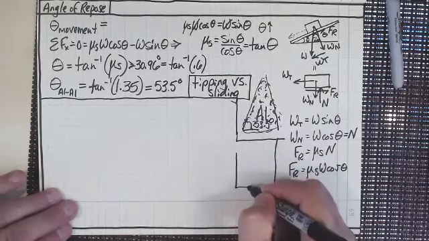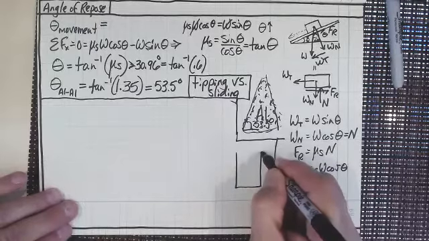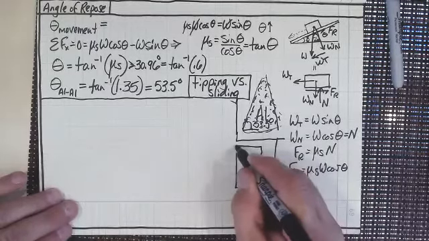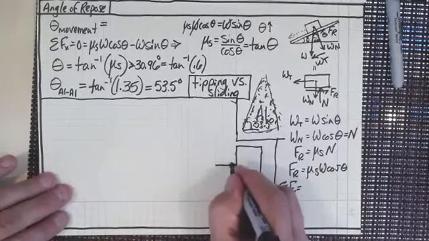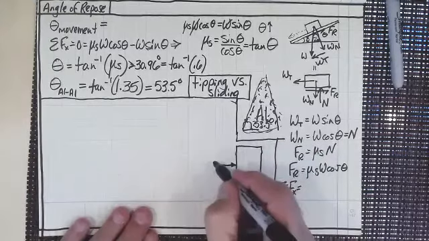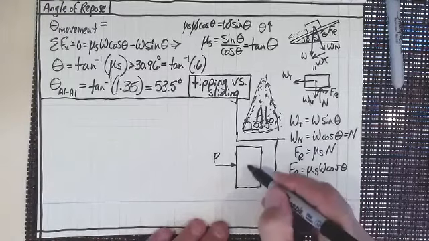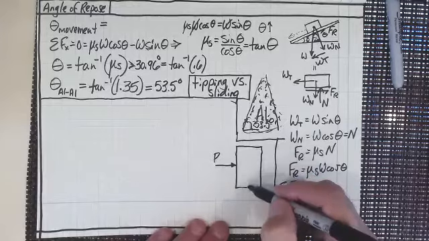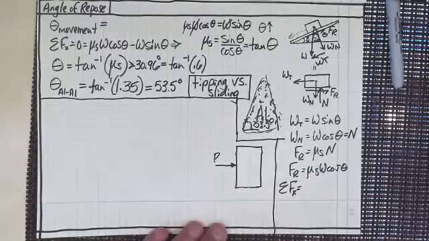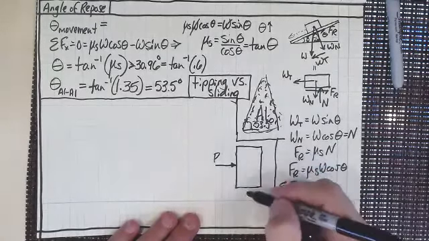So let's just look at that for a second. Let's say that I've got a filing cabinet here. I'll make it a little bit higher. And I'm pushing on that filing cabinet with a force P. Now let's say that it's not got all of its weight at the bottom. Let's say that it's loaded from the bottom to the top with folders of equal size, so it has uniform density of weight throughout it.